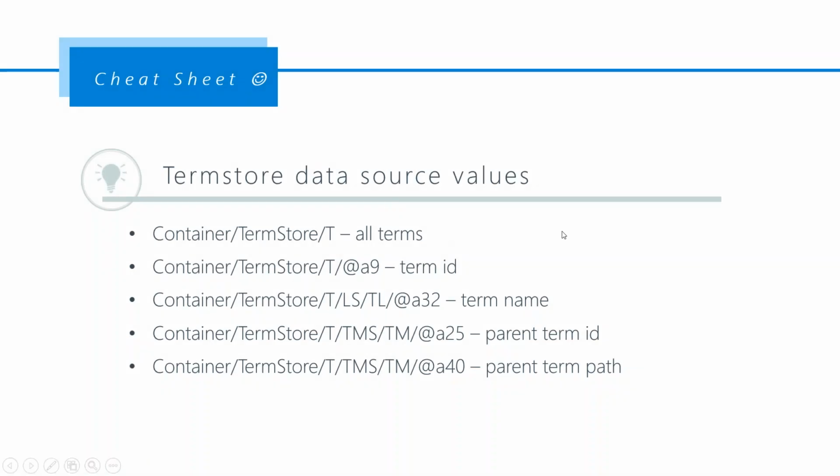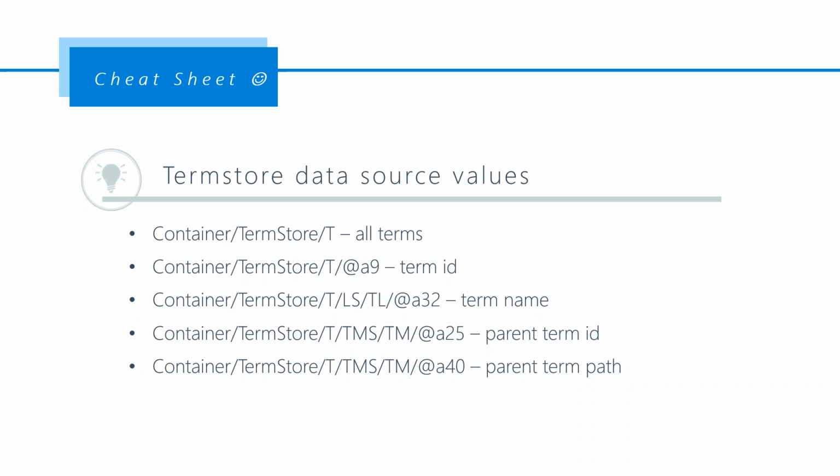Like I said earlier, the term set XML data connection is using some weird fields that I actually didn't understand at first. So I found this cheat sheet from Jimmy's past webinar, and I copied that.